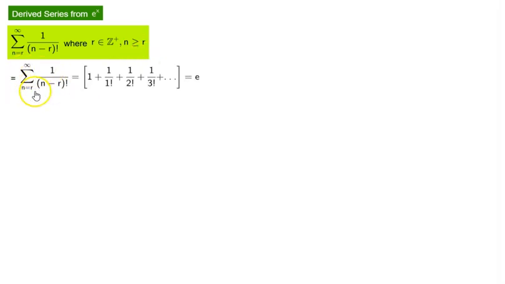So here if we expand this, we get 1 plus 1 by 1 factorial plus 1 by 2 factorial and so on, which we recognize as the expansion for e. So that means this is equal to e. Here remember, n is starting with r. So it will start with r minus r factorial. That is 0 factorial. That is 1. So 1 by 1, 1. Then we will have r plus 1 minus r. So 1 by 1 factorial and so on.